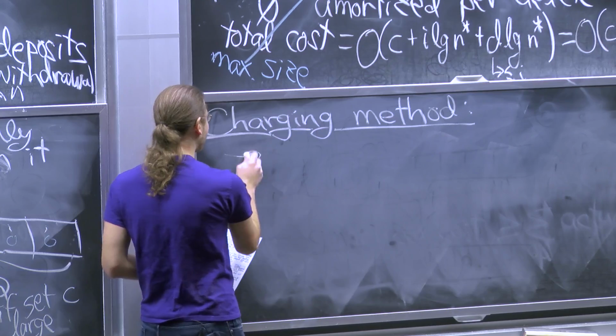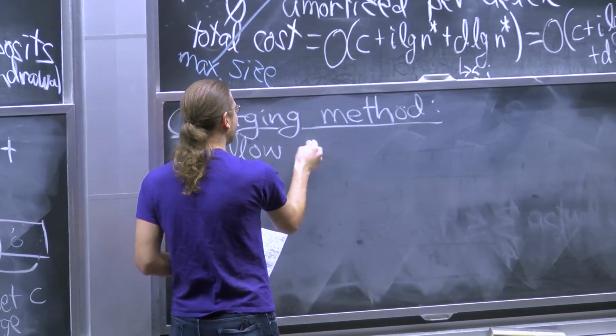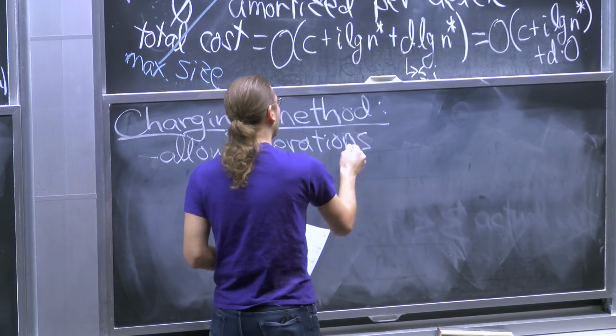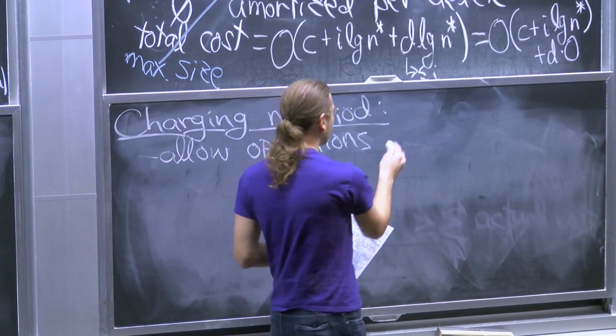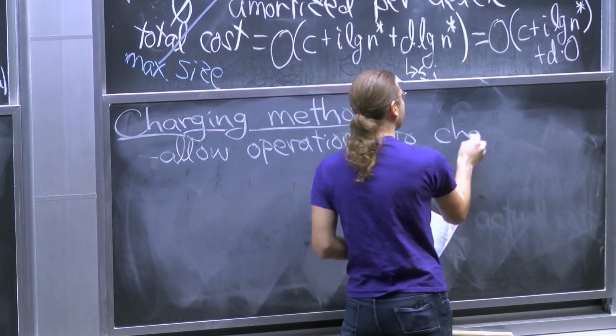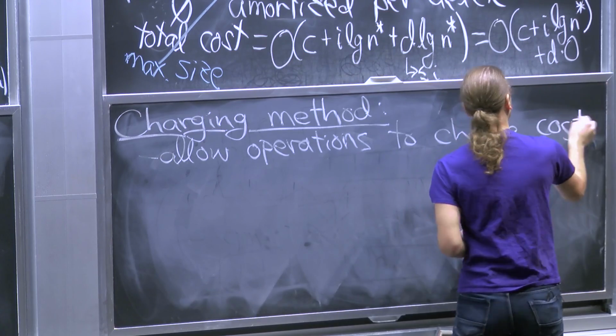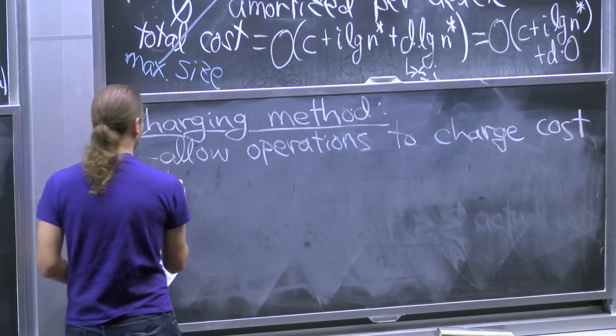So what we're going to do is allow, there's no bank balance anymore. Although, I mean, it's essentially there. We're going to allow operations to charge some of their cost retroactively to the past.